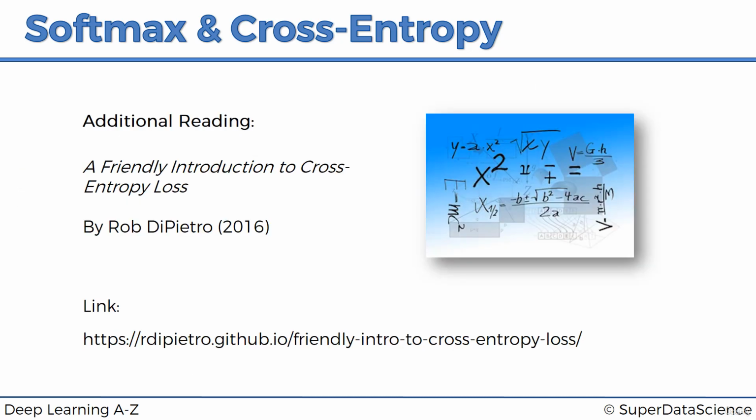So, additional reading. If you're interested in cross entropy a bit more, a good article to check out is called A Friendly Introduction to Cross Entropy Loss by Rob DiPietro, 2016. Here's the link below. Very nice, very soft, no super complex math, good analogies, good examples.